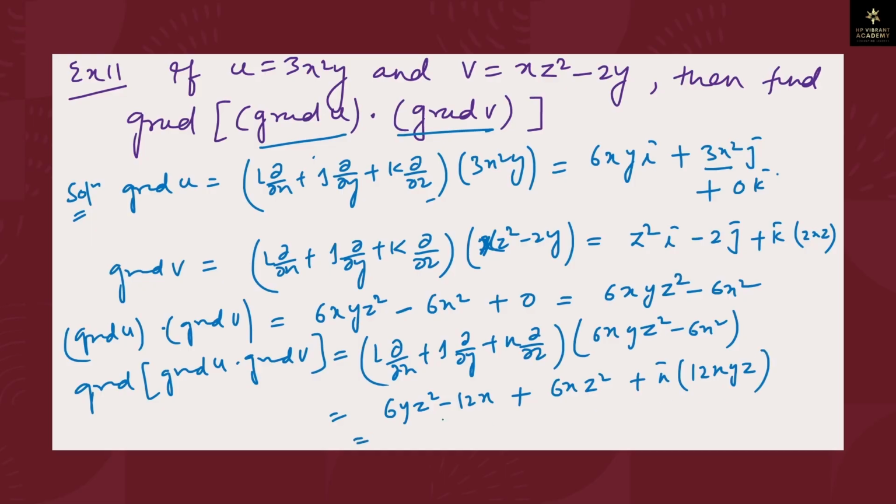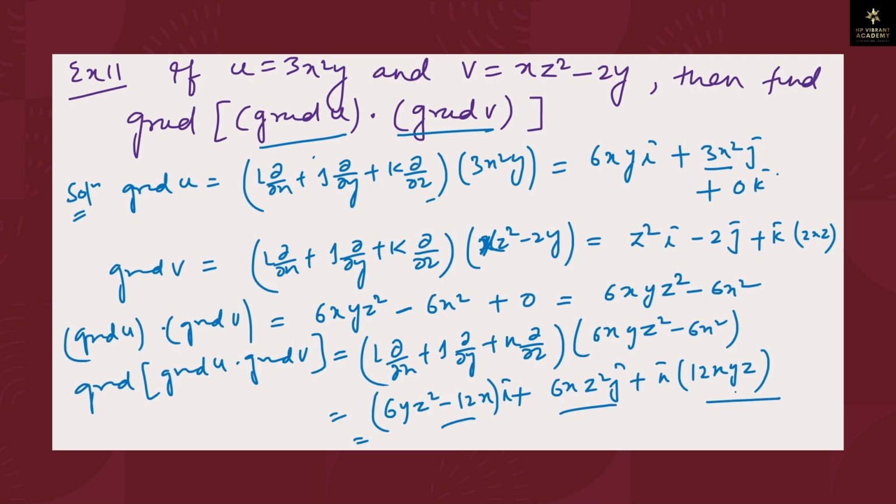So this is the answer: 6yz square minus 12x i cap plus 6xz square j cap plus 12xyz k cap.